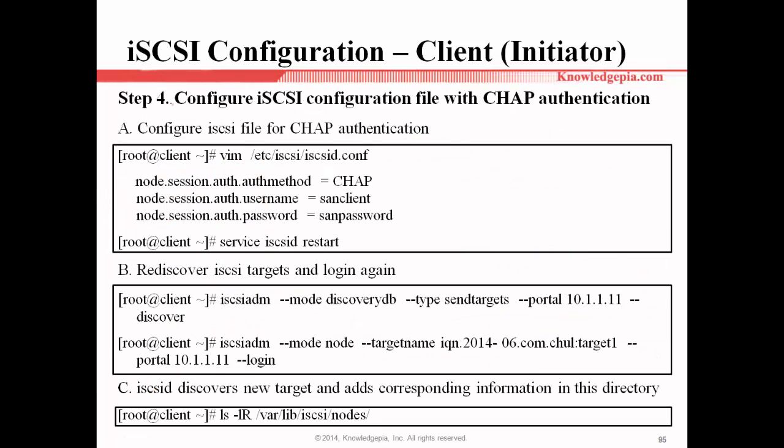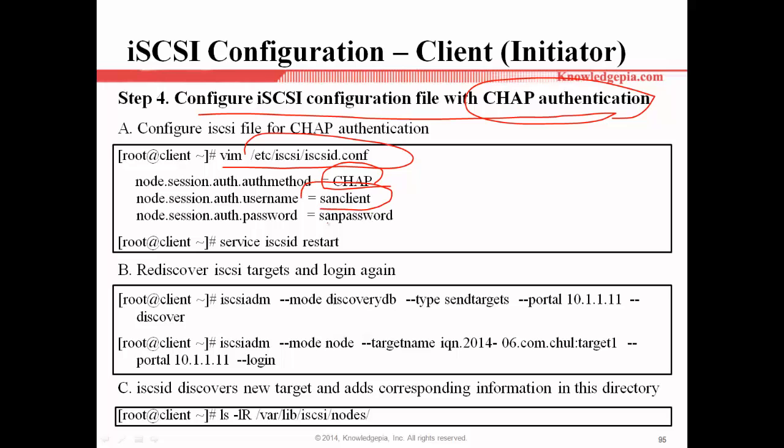So step 4, you need to configure the iSCSI configuration file for CHAP authentication using this file, iscsid.conf. Here, protocol, username and password. Then also try to find the discovery information using this command, and then log in.